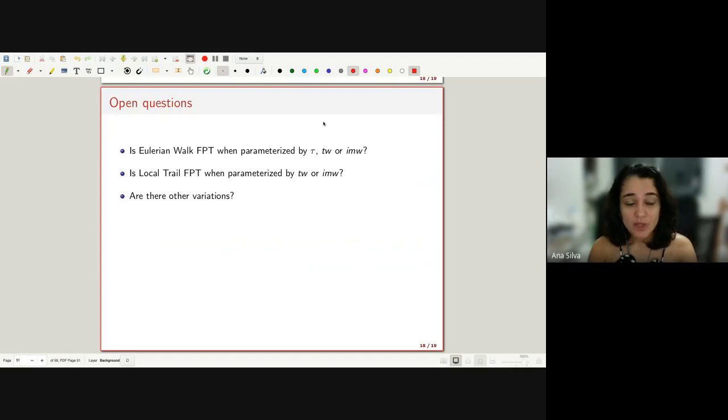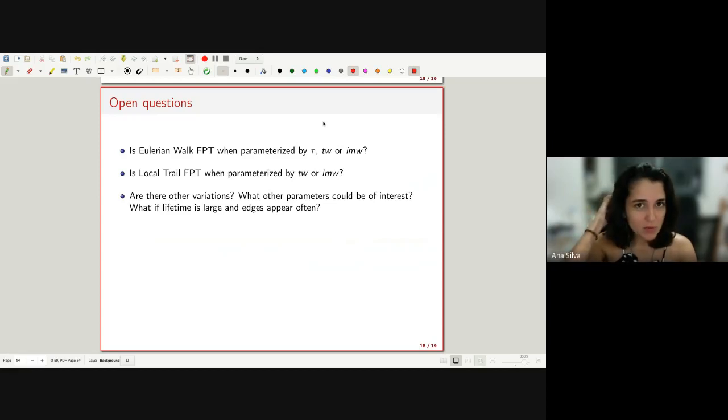Also, there are many questions that we can still pose here. I'm just going to cite some of them that I thought about. So you could ask, are there other variations of the problem, or what other parameters could be of interest? What if the lifetime is large and edges appear often? This gives you a hint that the problem becomes easier.